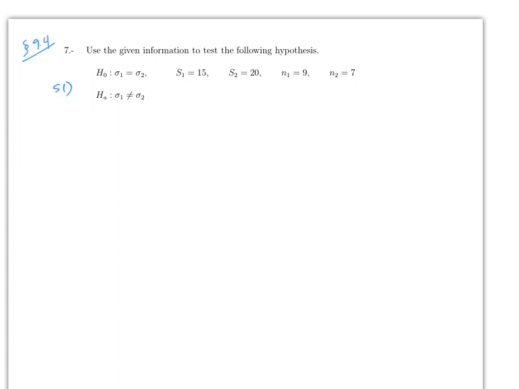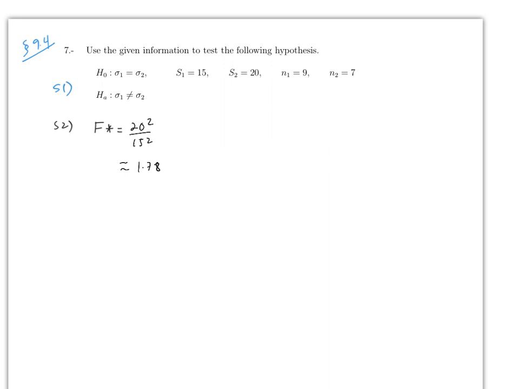And step 2, we need to find the test statistic, which in this case is F star. Remember, we had to pick the biggest s to be the numerator. The biggest s is 20. So therefore, F star is going to be 20 squared over 15 squared, which is around 1.78.